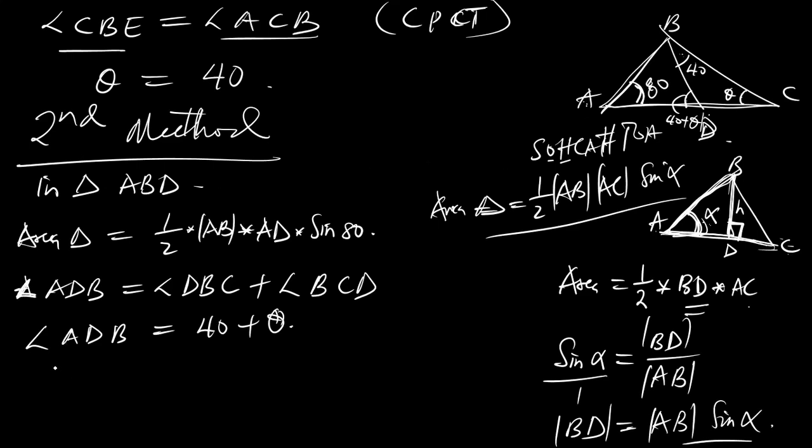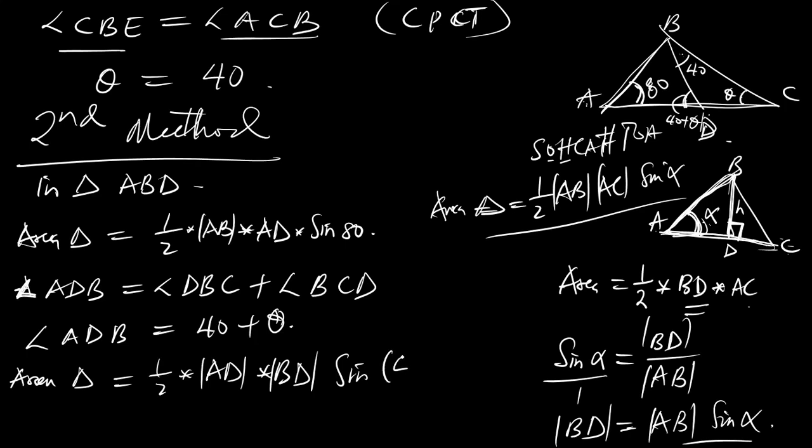So now we have the same area equal to half times AD times BD sine this angle here, because these two sides form this angle 40 plus theta.